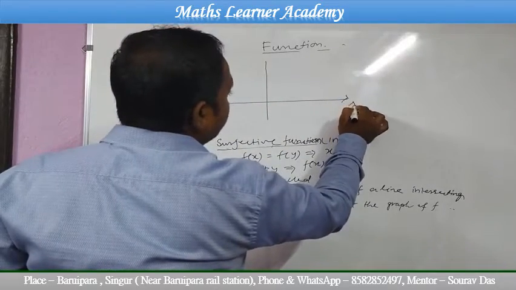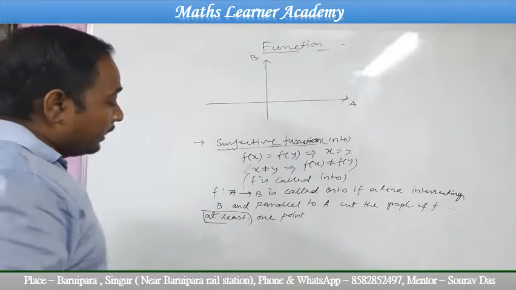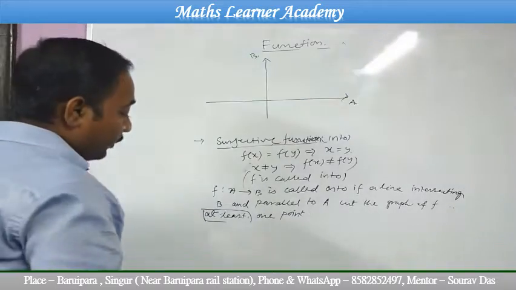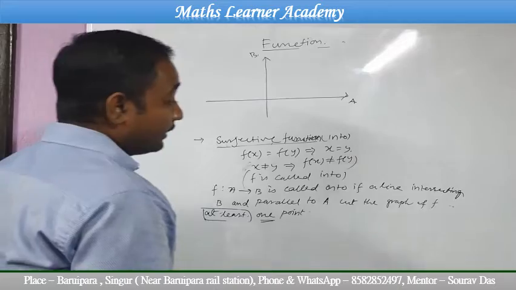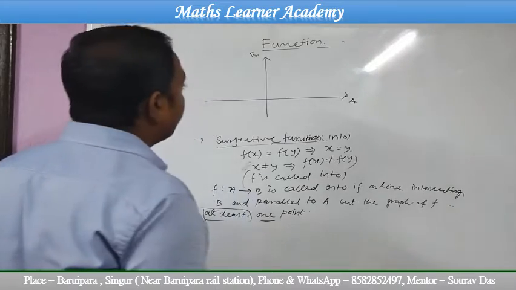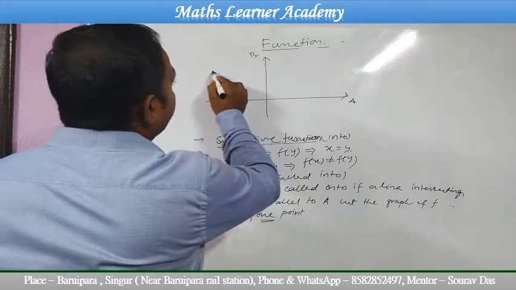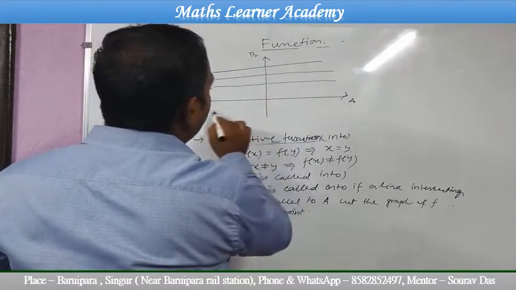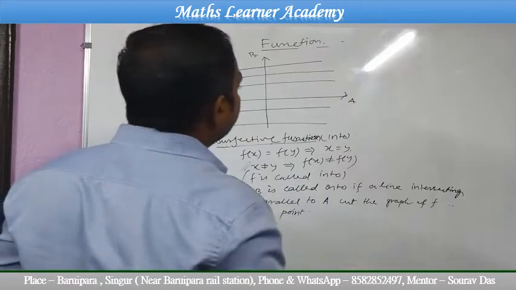Suppose this is A and this is B. So according to the definition, at least 1 point, not 2 points, the graph should meet at least 1 point intersecting B and parallel to A. So these lines are all intersecting B and parallel to the A line, right?